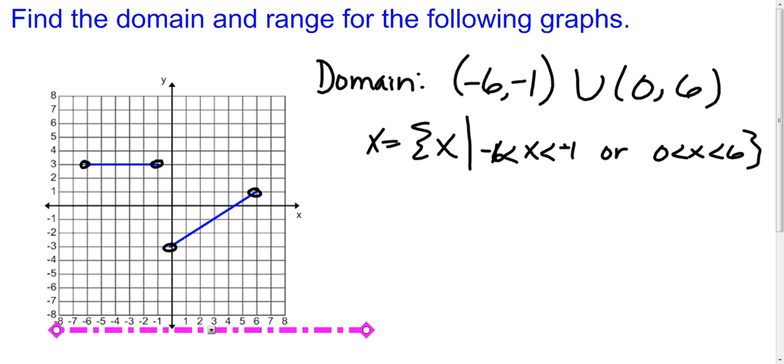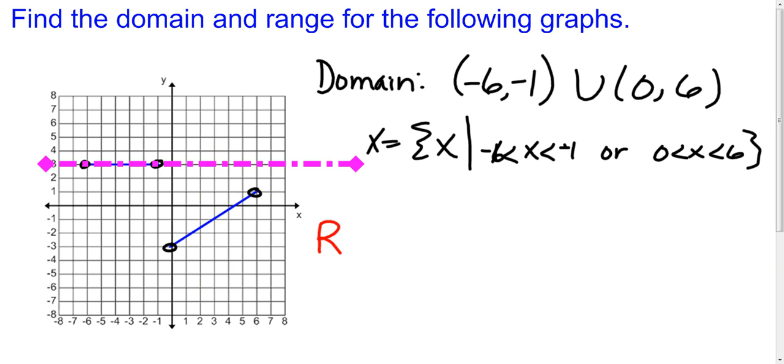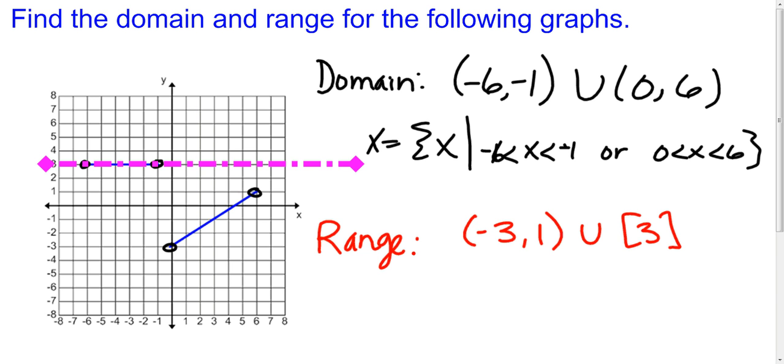Your range, if you go this way, starts when your y value is -3 until your y value is 1. Then I take a break, and then for this line, your y value remains constant at 3. So your range would go -3 to 1, union exactly 3 with a bracket, okay?